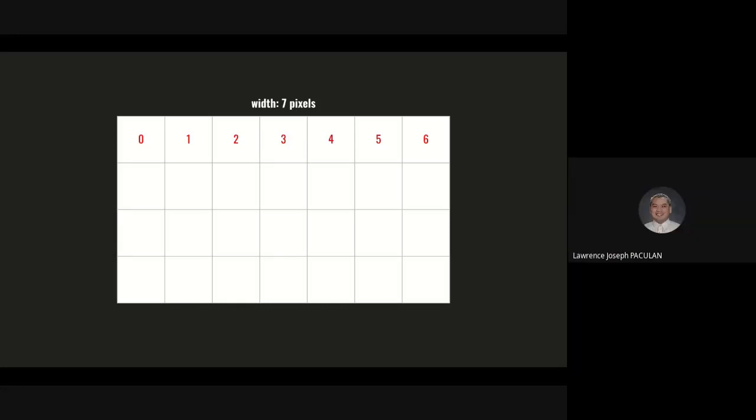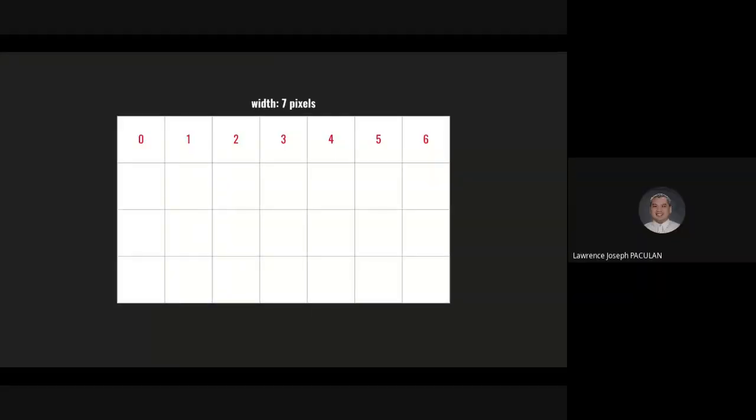For this example, we have 7 pixels across the x-axis. As you observe, we started with 0. When computers count, they start with 0 instead of our usual.